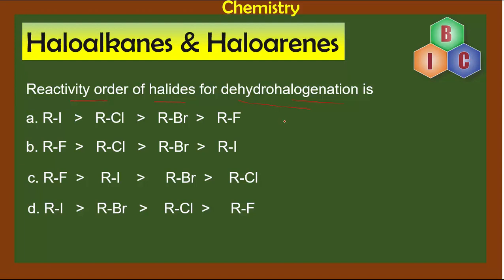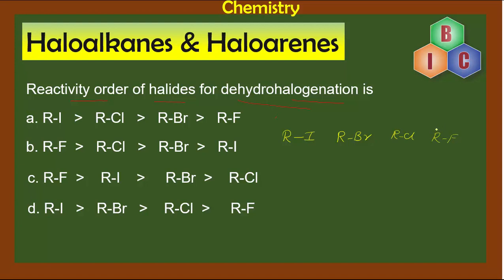The point to remember here is alkyl halides are of 4 important types, as you already know. Let me just change the color of the pen. Okay, so now we have alkyl iodides, alkyl bromides, alkyl chlorides and alkyl fluorides.